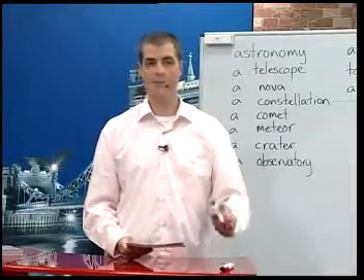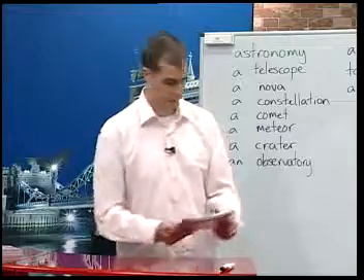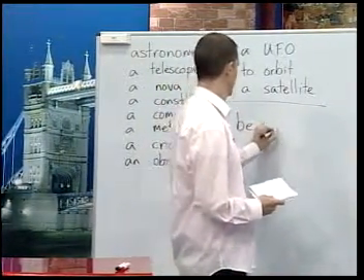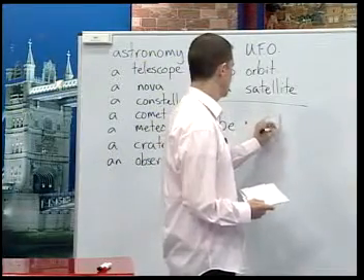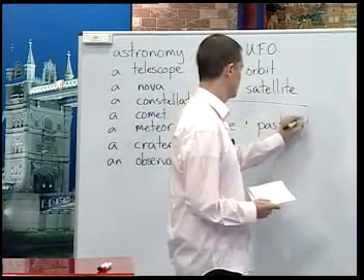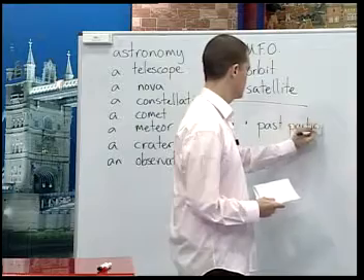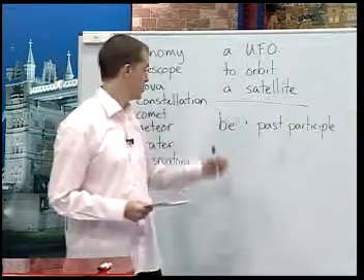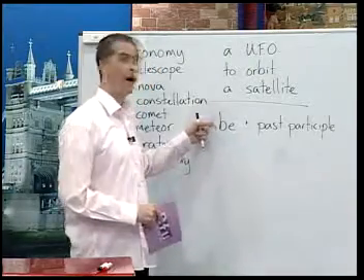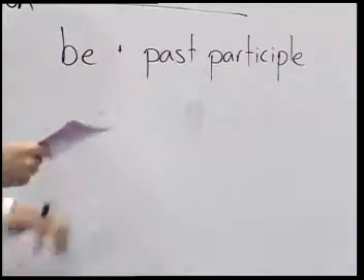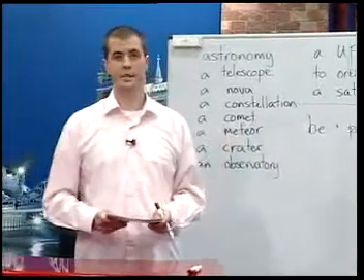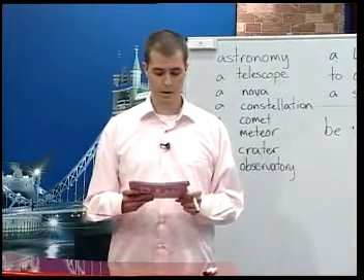Now, to form the passive voice, we use be plus the past participle. For the simple present, we're going to use am, is, or are plus the past participle. The subject determines if the verb is singular or plural.